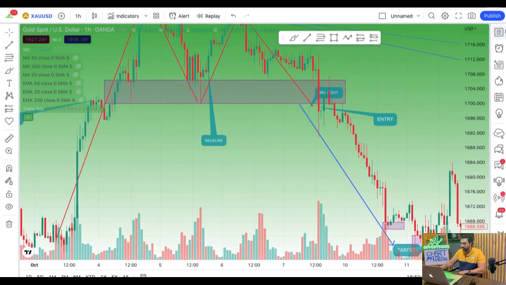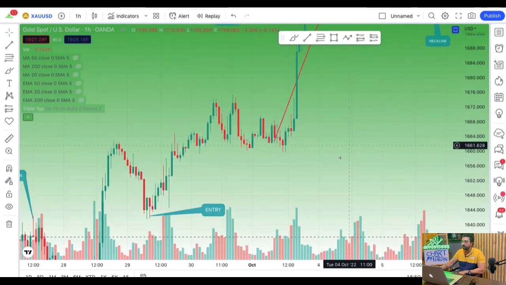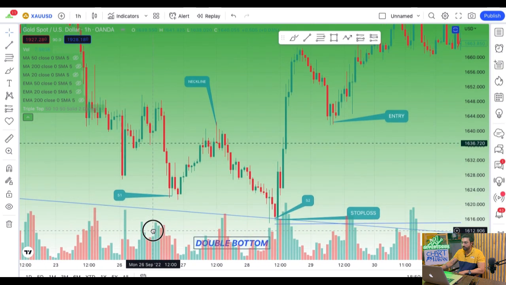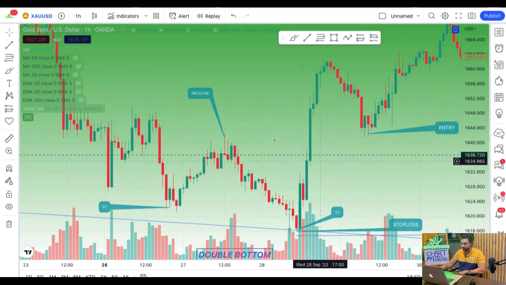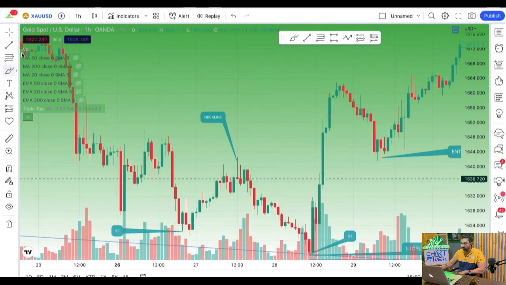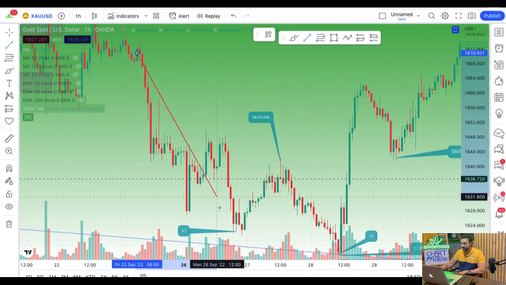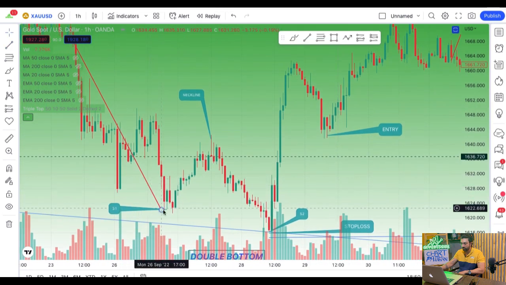So now we will move to our second pattern, which is known as the W pattern, the double bottom pattern. So here you can see the market was in a clear downtrend. The market got support.